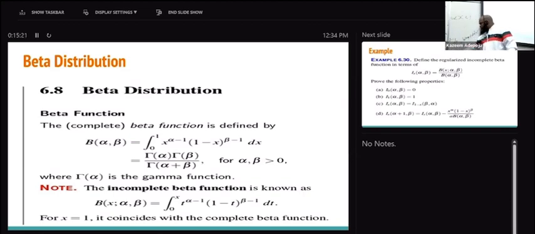If I want to rewrite this, I have gamma alpha, gamma beta over gamma alpha plus beta. Another way to write that, because take note, gamma k is the same thing as k minus 1 factorial.